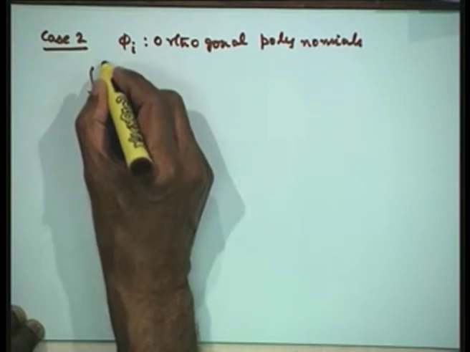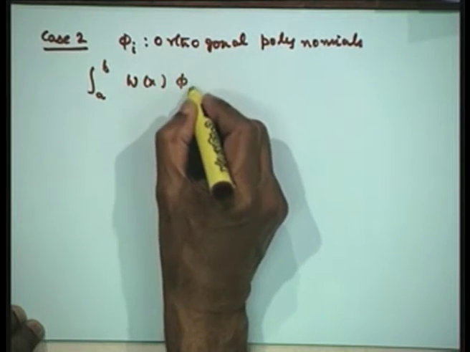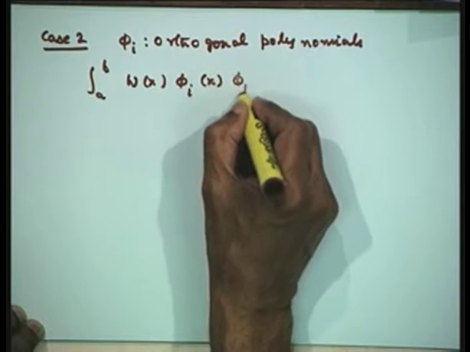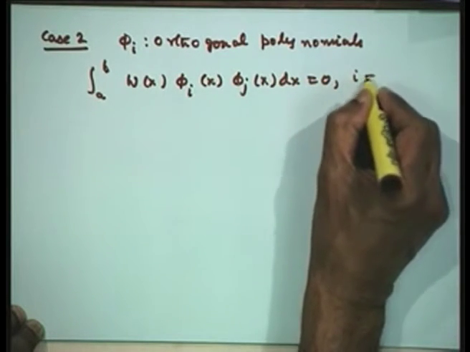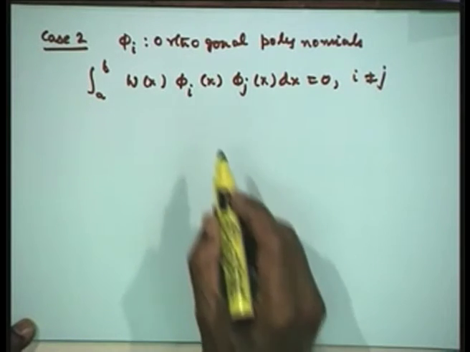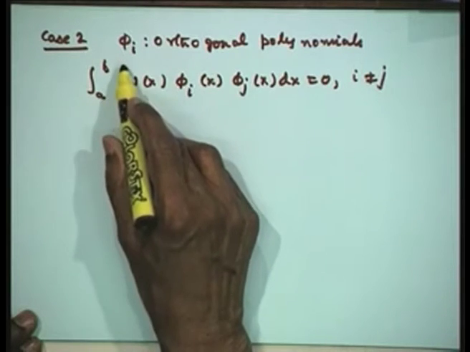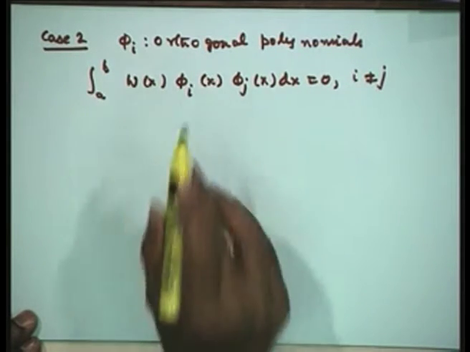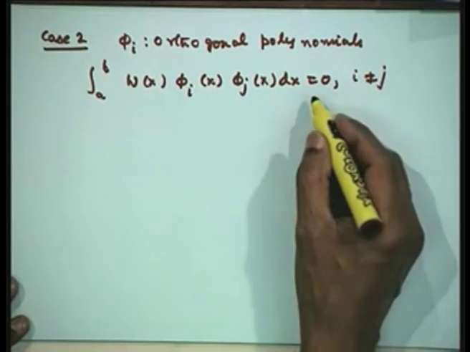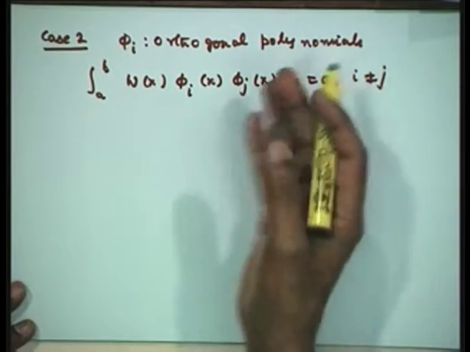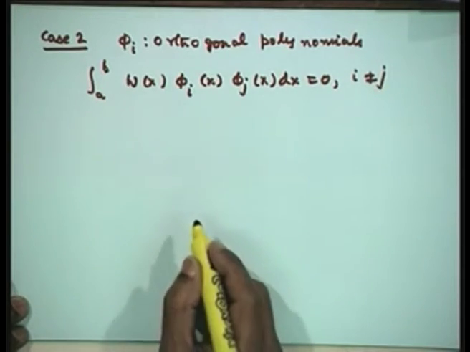The definition is integral a to b, with a weight function w(x), phi i(x) phi j(x) dx is equal to 0 for i not equal to j. These functions are orthogonal with respect to the weight function over the interval a to b, that is, for i not equal to j the integral is 0. For i equal to j, it has some value, that value depends on what that particular polynomial is, but we are interested mainly in this particular property.